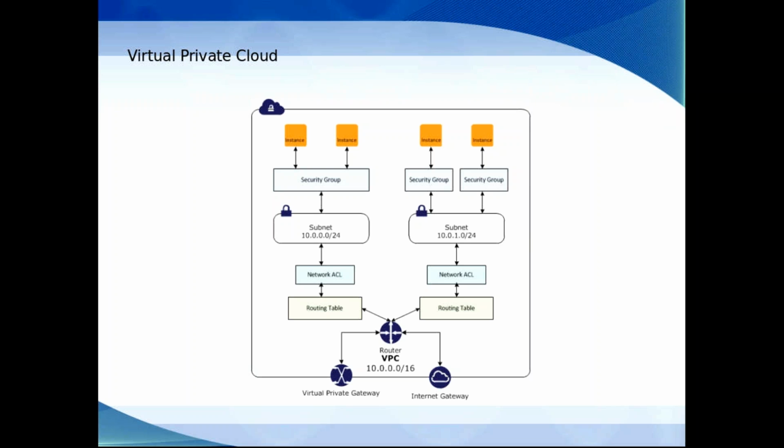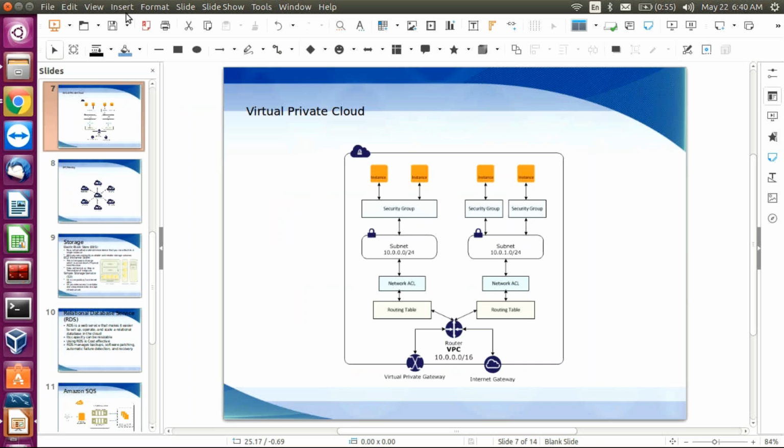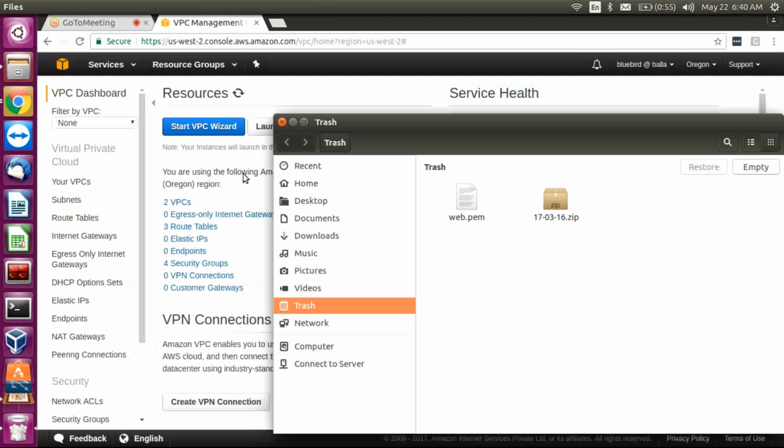Basically VPC is a logical data center in AWS. You can create multiple VPCs. It consists of internet gateways, route tables, network ACL, subnets, security groups, etc. And we will check how to create and configure all those things.